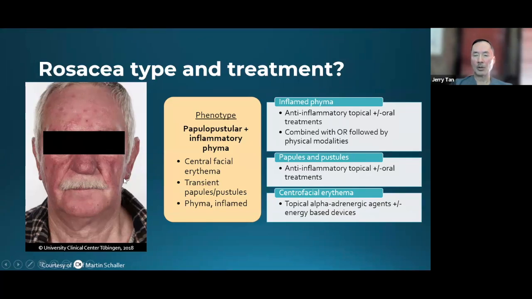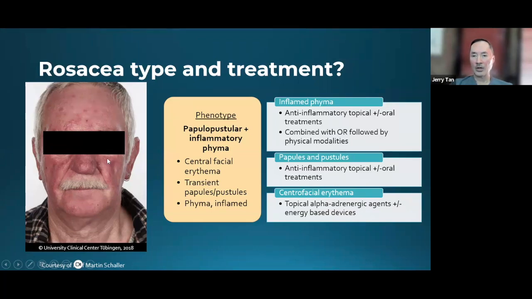In this patient, I would probably select to add in also a medication like doxycycline to try to give him fairly rapid and more thorough improvement when we initiate therapy and then maintain over time with the use of topicals as well. Centrofacial erythema, you can certainly consider the use of alpha-adrenergic agents and then some of the device-based agents to tone down the background redness.